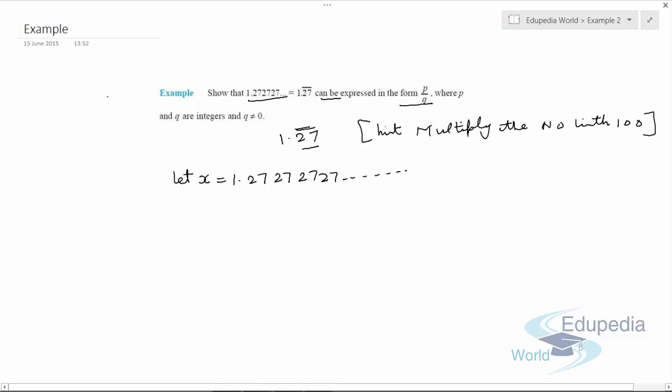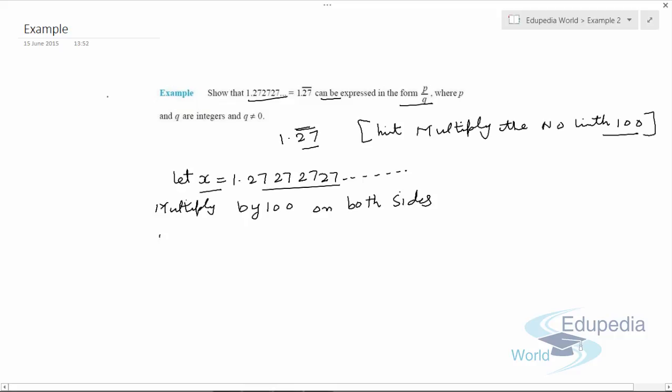Now we have to multiply this equation with 100 on both sides.